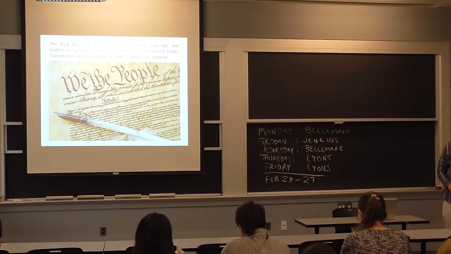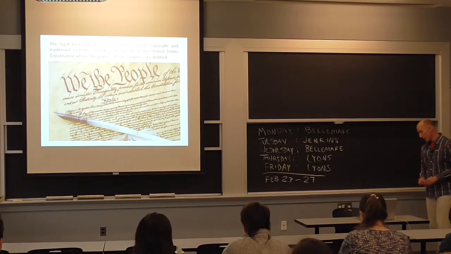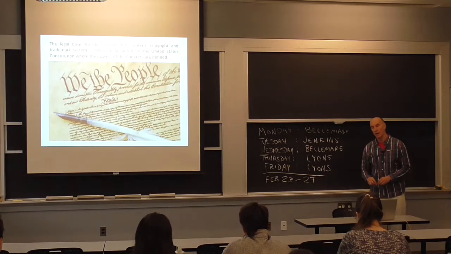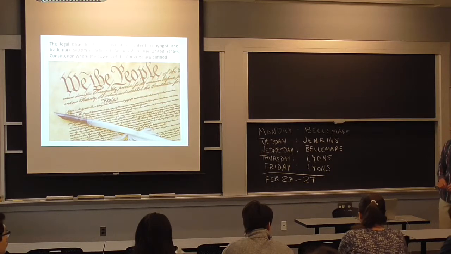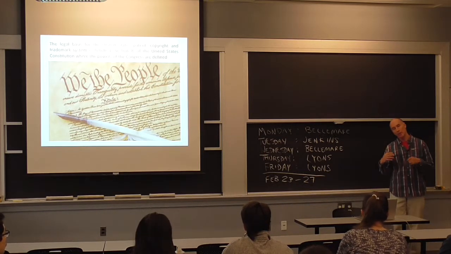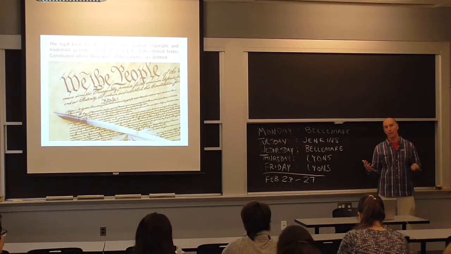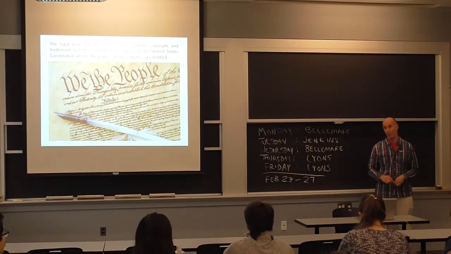The legal basis for all patents and copyrights comes from Article 1, Section 8 of the United States Constitution. And Article 1, Section 8 is that part of the Constitution where the powers of Congress are defined.